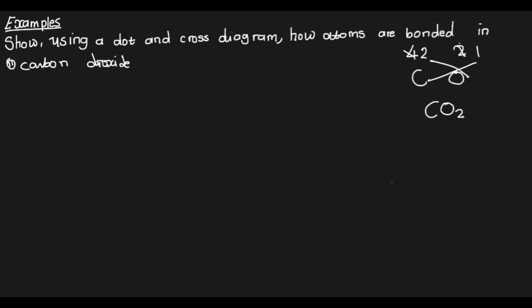So under carbon dioxide, we are looking at a compound where 2 atoms of oxygen bond with 1 atom of carbon. We know carbon has 6 electrons: first shell 2, the second 4.